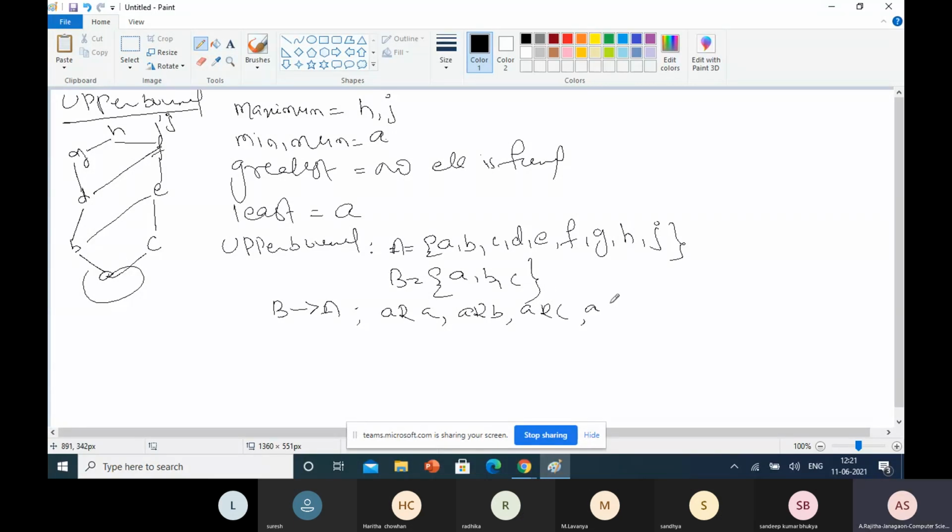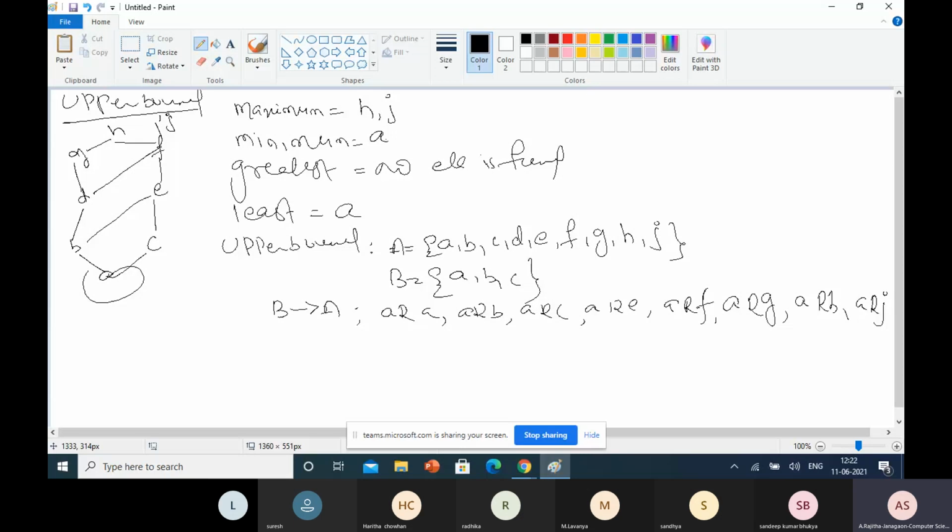A relates to E, next A relates to F, because A to C, C to E, automatically A to F. One more: A relates to Z also. A to B, B to D and Z. So Z is also there. Next, A relates to H, A relates to J.